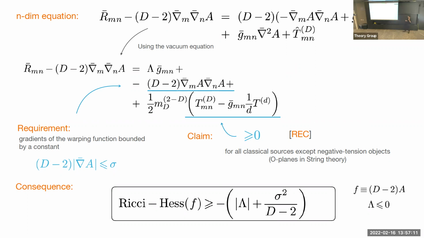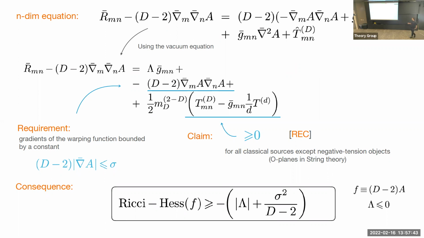And if you are in a theory that satisfies this, then we have proven this inequality. We've proven that a certain combination of the Ricci tensor and the Hessian of the work function, this f is just directly related to the work function, is bounded from below by a certain negative constant, which depends on the cosmological constant and the bound on the gradient of the warp factor.